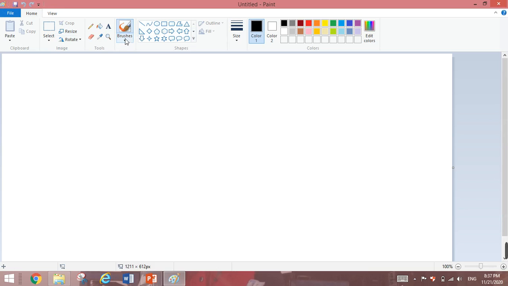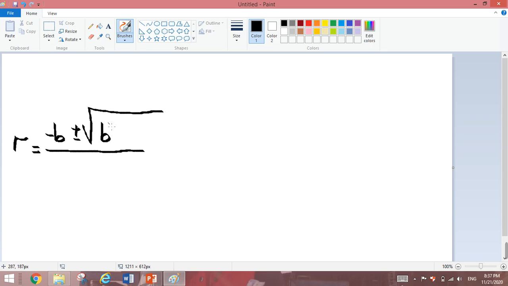Okay, so there is this general formula where r is equal to fraction line minus b plus minus square root of b squared minus 4 times a times c all under the square root all over 2a.